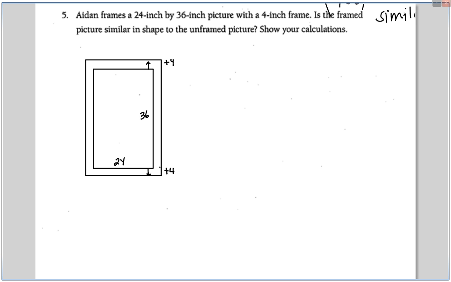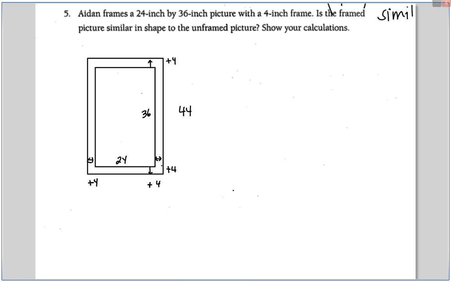and you're getting 44 when you add it to 36. And left and right, you're adding 4, so 4 there and 4 there. So 24 plus 4 plus 4 is 32. Now you just check the corresponding sides, and this is going to be identical to question 4, because you can't just add to each dimension, you have to multiply.